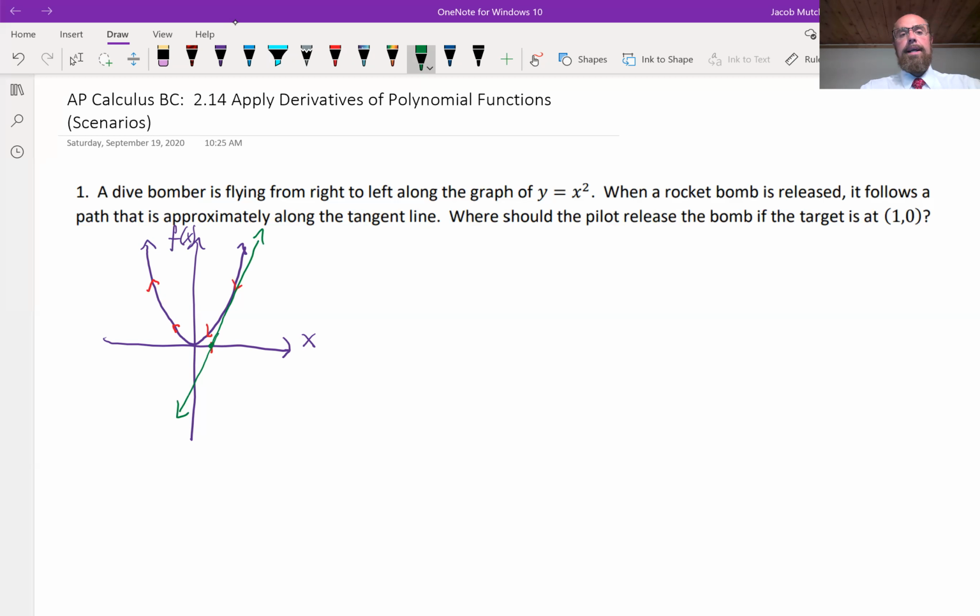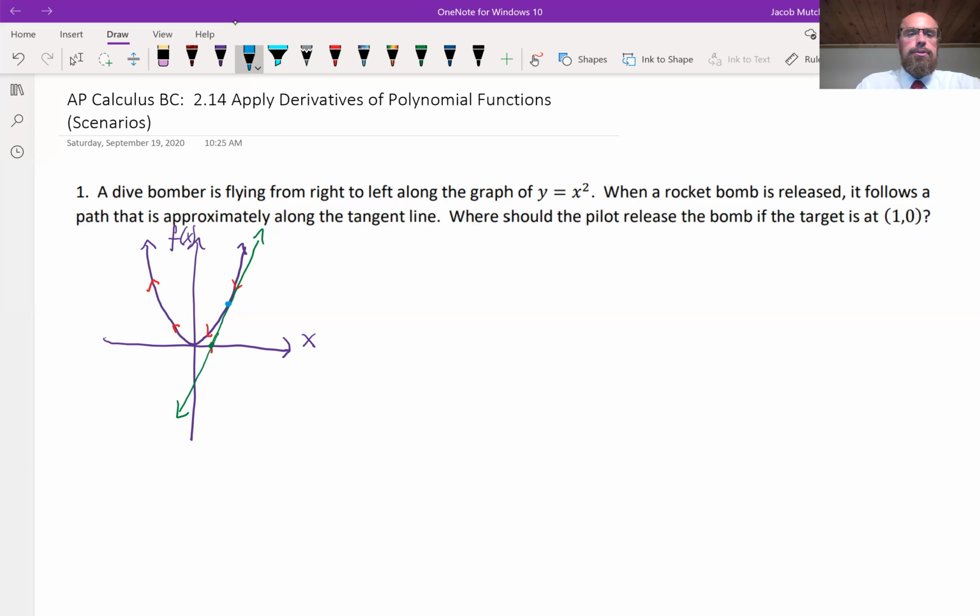And really what we're trying to answer is at what point along that curve, we'll mark it in blue, should the dive bomber release the bomb so that it travels along that green tangent line. That's the point we're looking for. It's really that blue point right there in quadrant 1. And that gives us an idea about what to expect when we go to our calculations.